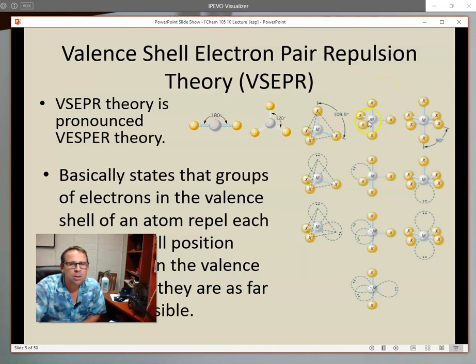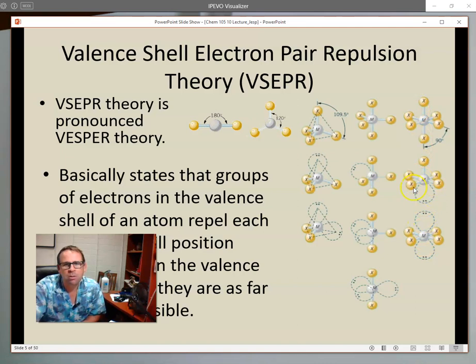All right. Now, notice that if you replace bonding regions with non-bonding regions, those non-bonding regions go on the equatorial locations of a trigonal bipyramidal compound. And that's because the equatorial regions have more space. If you put non-bonding regions on tetrahedral or octahedral, it doesn't really matter where you put it.